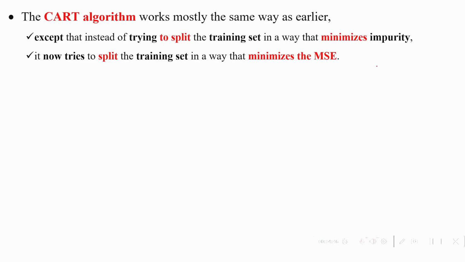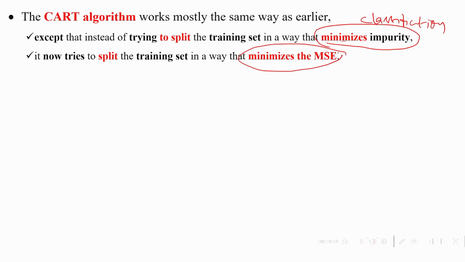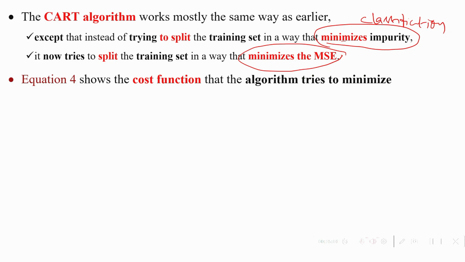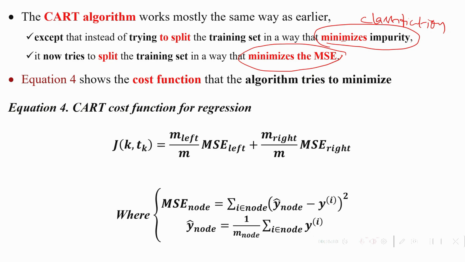So the difference is that in classification we minimize the impurity, whereas in regression we minimize the mean squared error. Here the equation shows the cost function that the algorithm tries to minimize for regression.